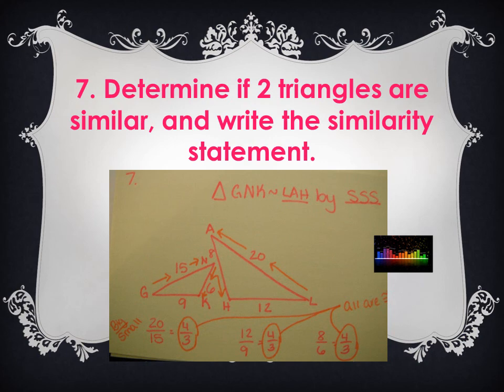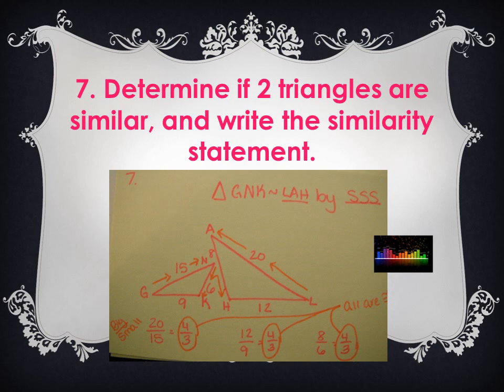Then we do side HL and side GK, which is 12 over 9, and again we get 4/3. Then we have side AH and side NK, which is 8 over 6, which gives us 4/3. Since all three sides have the same proportion, which is 4/3, we can say that these two triangles are similar.